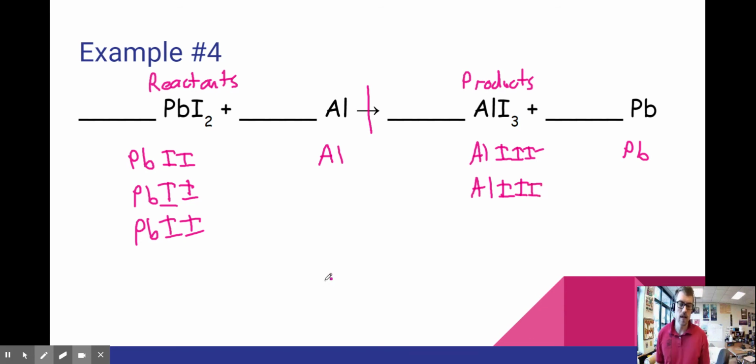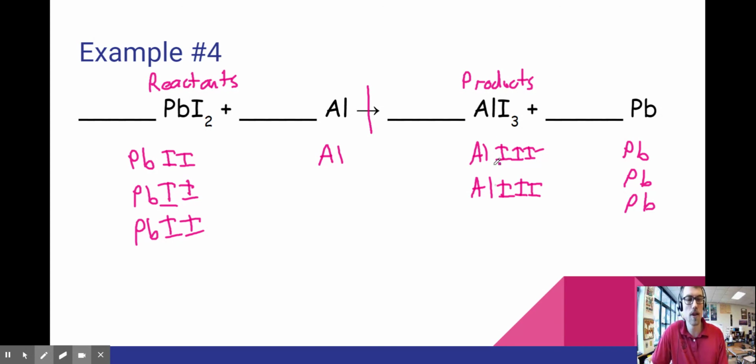So now that I've done that, I have 6 iodines on both sides of the equation, which means they are balanced. But by doing this, I've added on some extra leads and some extra aluminums. So I need to make sure that my leads are balanced. I have 3 on the reactant side, which means I need 3 on the product side.